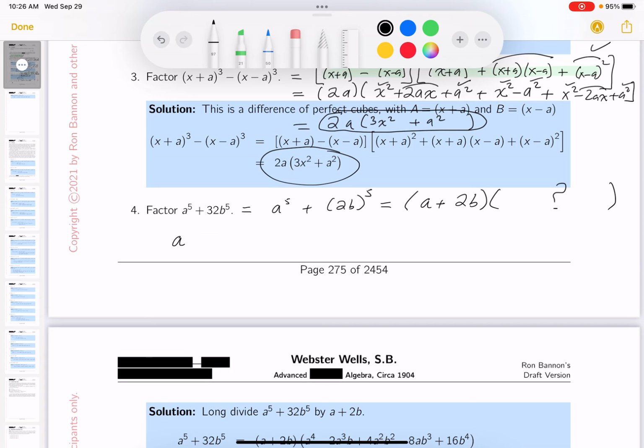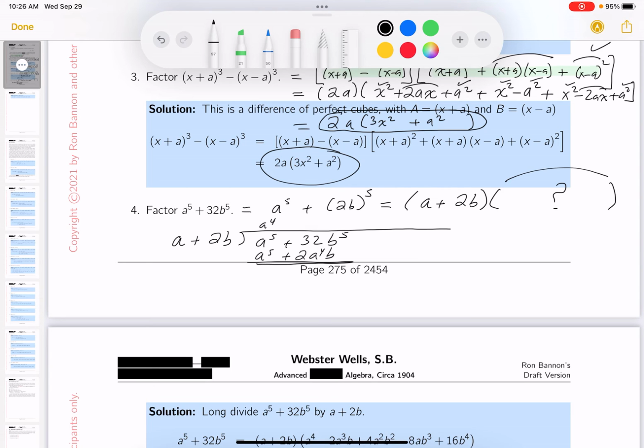a plus 2b is being divided into, and again, I'm trying to figure out this part over here. I don't know it. So it's going to be a^5 plus 32 b^5. I'm going to say a^4. That would be a^5 plus 2a^4 b.